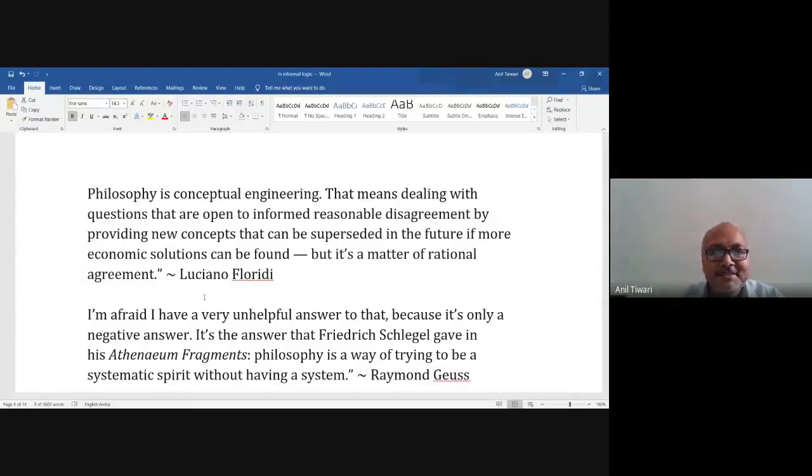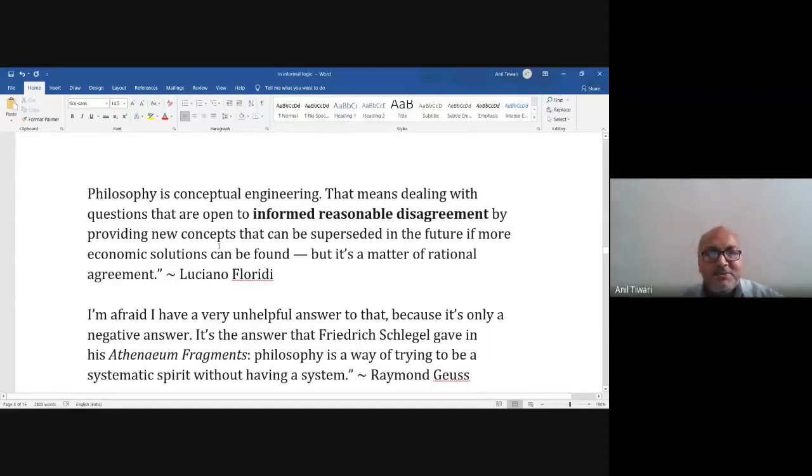listing of the definitions. Now look at Luciano Floridi, what he is saying. Philosophy is conceptual engineering. That means dealing with questions that are open to informed, reasonable disagreement. This is the thing I was pointing out basically. That is essential.